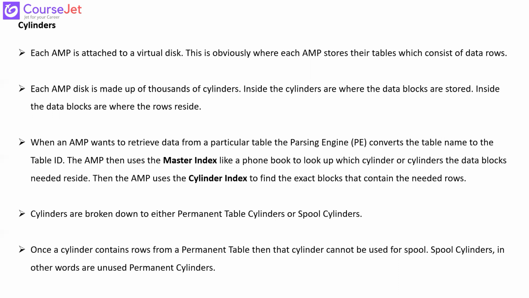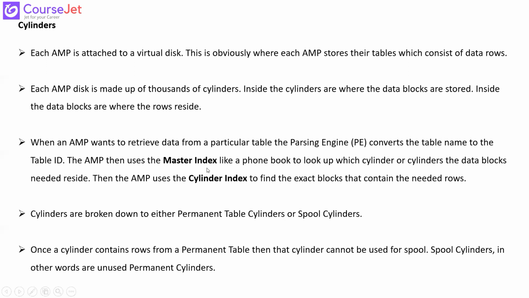The AMP uses the master index like a phone book to look up which cylinder the data blocks for this table are stored in. Then the AMP uses the cylinder index to find which exact block the row resides in.